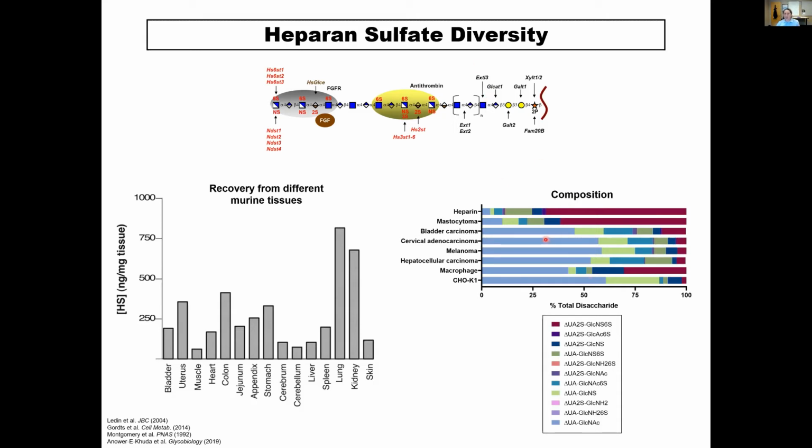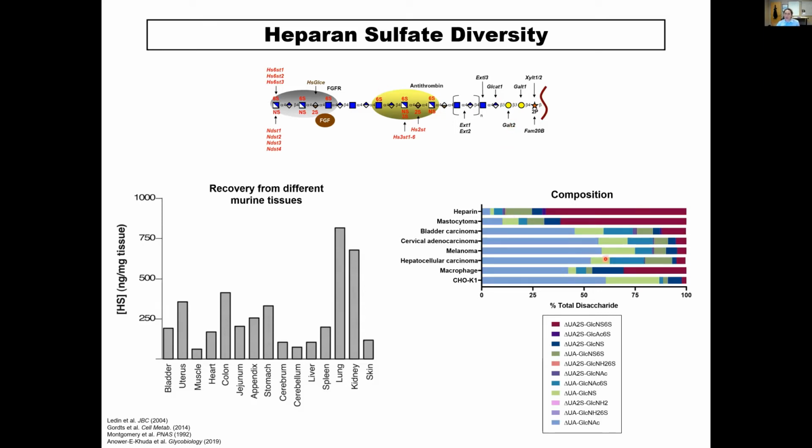So we can say, for instance, that the heparan sulfate chains from a bladder carcinoma contain this percentage of this particular disaccharide, which in this case is a non-sulfated disaccharide. But you can see we can look at all these different disaccharides with different sulfation patterns, and in effect, we can identify the composition of our different GAG chains in different tissues.